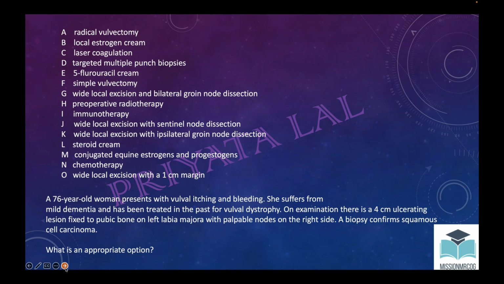It should be chemoradiotherapy, radiotherapy. It is stage 4A. The answer is radiotherapy because it is too vast for any kind of surgery. In stage 4, they don't recommend surgery.